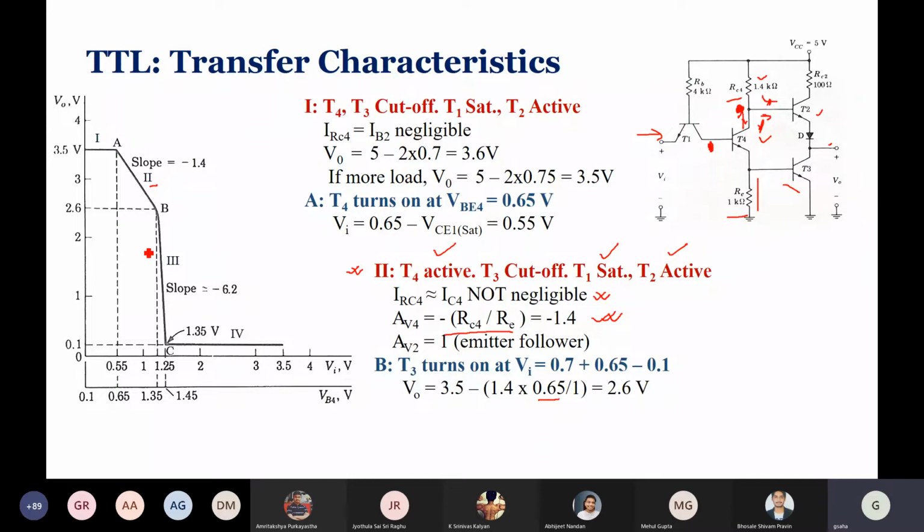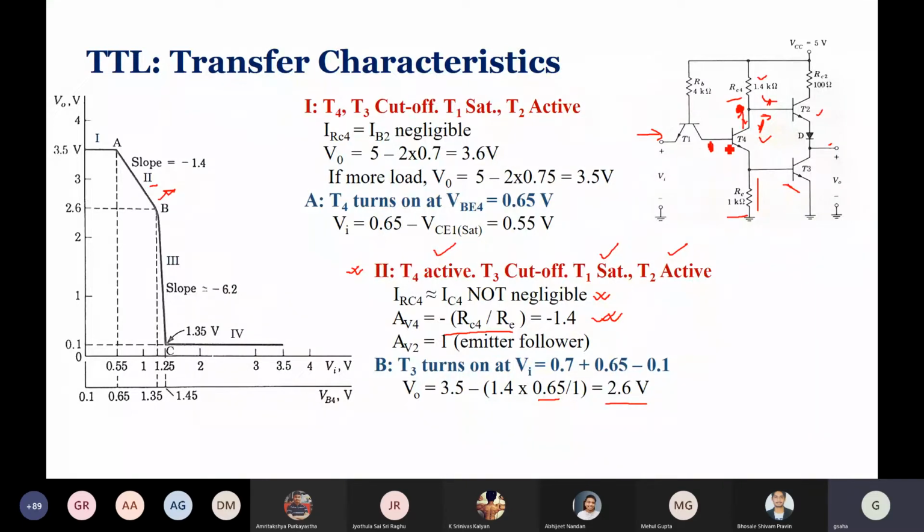in the input side that is considered, and for which 1.4 into 0.65. So if you subtract it from 3.5 or 3.6, you'll get around 2.6 volt over here. In the other case, this is 0.65 volt, and because it is delivering a little bit more current, it is in active region.